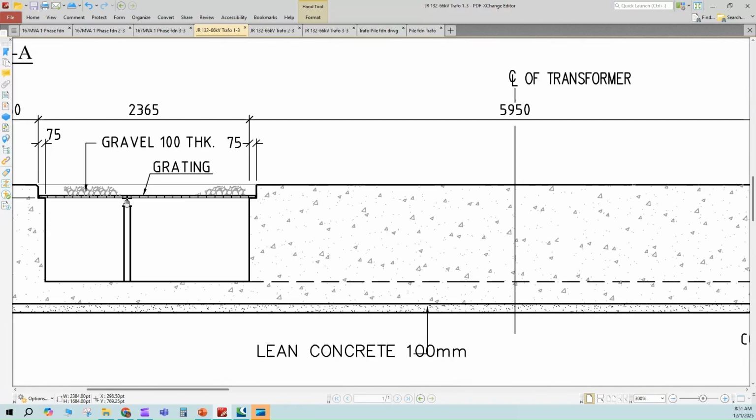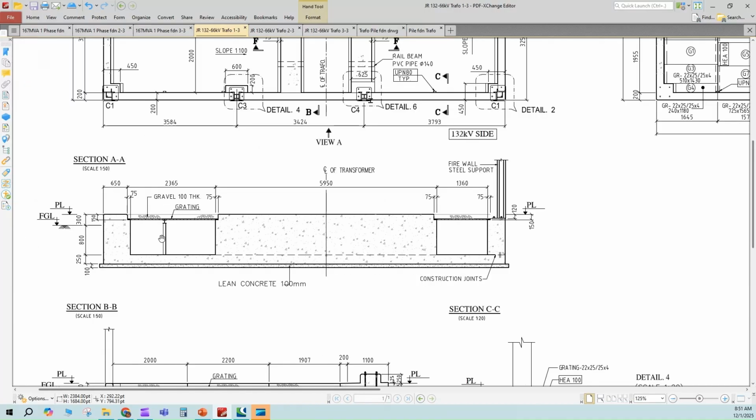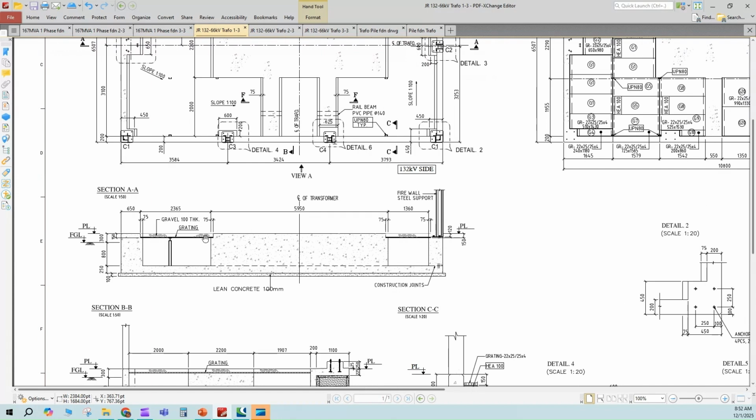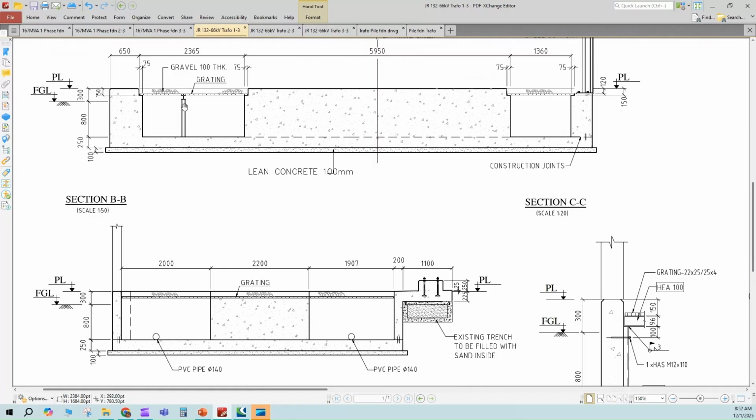So these supports are generally laid over the transformer bund base slab using post-casting chemical anchoring bolts. Over this grating, metal is to be filled so that the oil spill will not cause slippage while walking over the grating during maintenance.